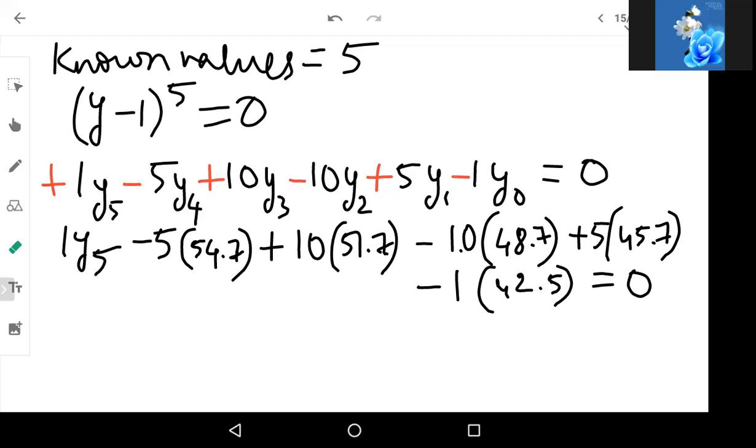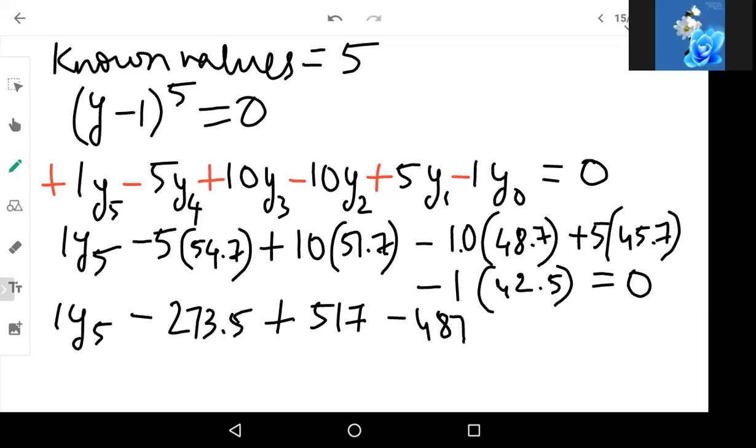Okay, now let us start multiplying. 1 y5 minus 5 into 54.7 will give 273.5 plus 517 minus 487 plus 228.5 minus 42.5 is equal to 0.